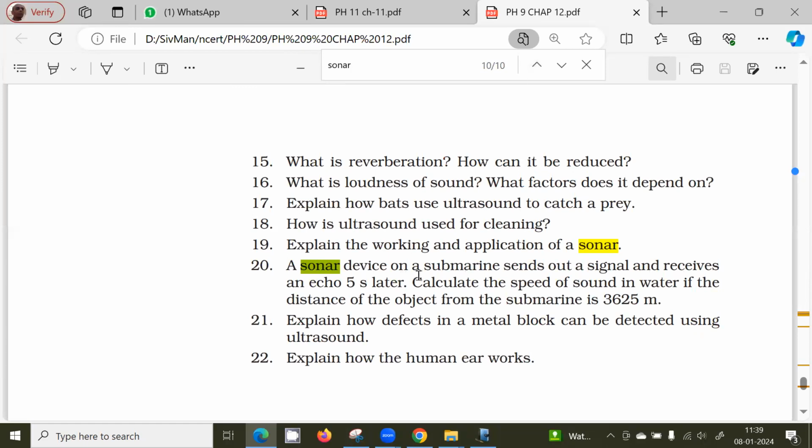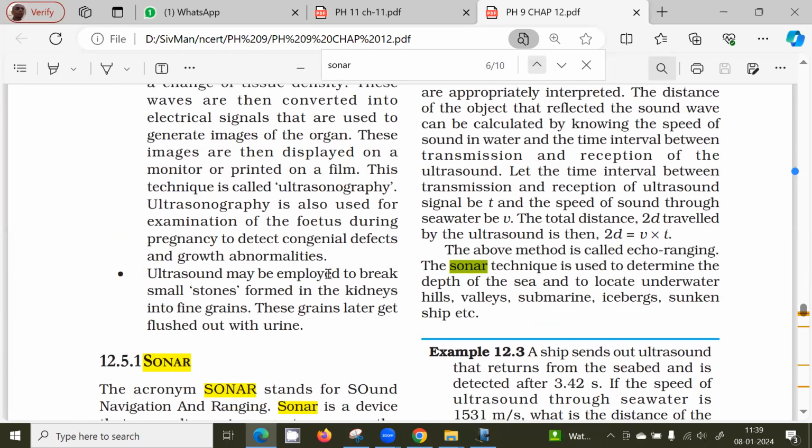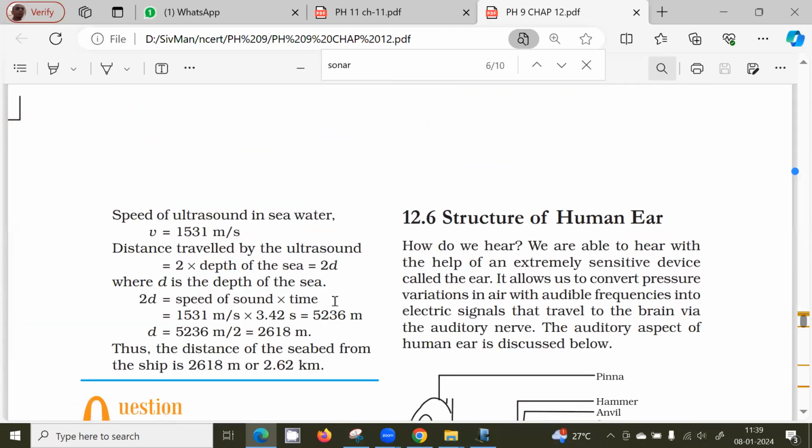Sonar is used on submarines and ships. Like X-ray, which is used to see the bone structure inside the human body, I can also use ultrasound to get the details of the inside of the human body.